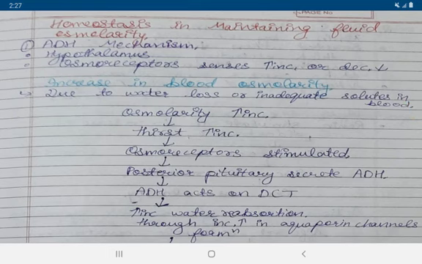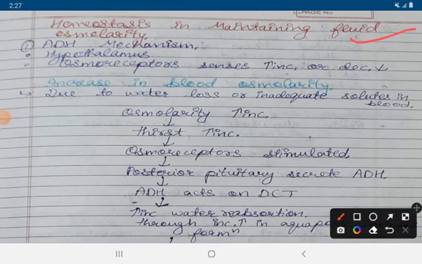Now, homeostasis in maintaining fluid osmolarity. ADH mechanism. Hypothalamus plays an important role in detecting osmolarity of blood through osmoreceptors. Osmoreceptors sense a variation, decrease or increase, in osmolarity in the blood.